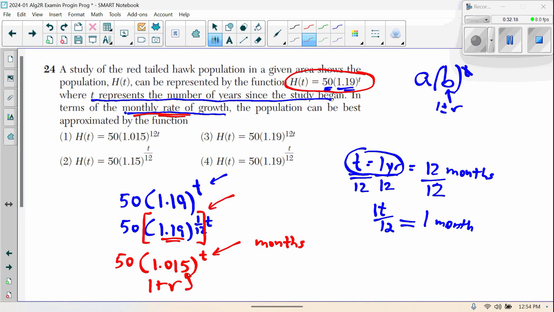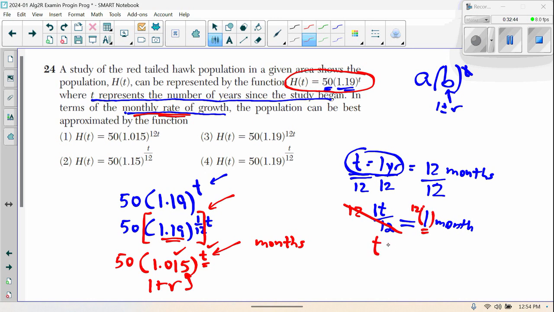We applied the 1/12 to it. This is now monthly. But they still want the annual. They want the annual exponent, but with a monthly rate. We have the monthly rate, but now my exponent is now months. How many months are in a year? 12. So in order to make this 1 month back into 1 year, I got to multiply it times 12.